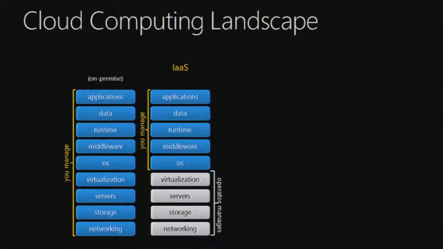But you still have responsibility for looking after the operating system. So for example, you might build an operating system in your own virtualization environment, and copy that to the Windows Azure cloud as a VHD, and it would sit on top of those gray boxes that you can see there: the virtualization, the servers, the storage, and the networking.